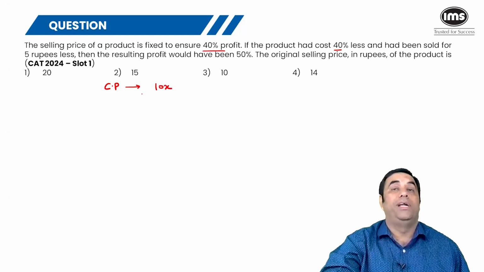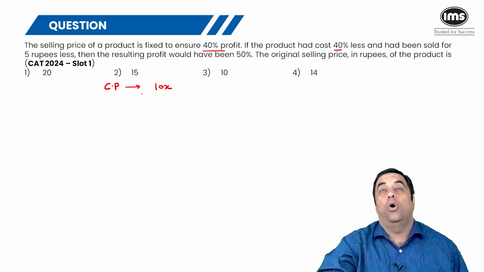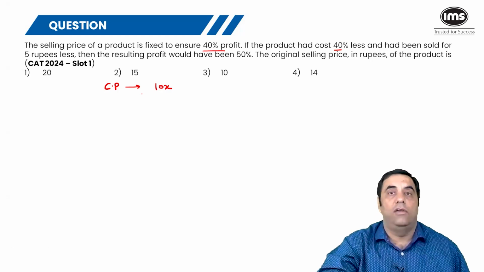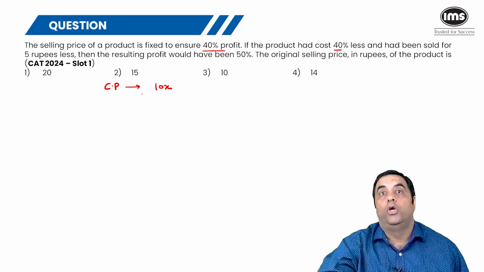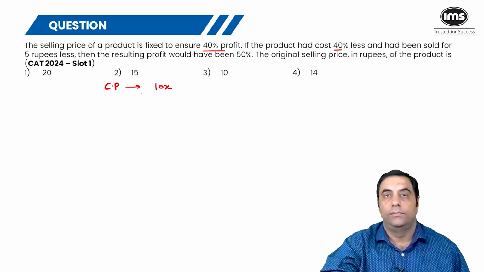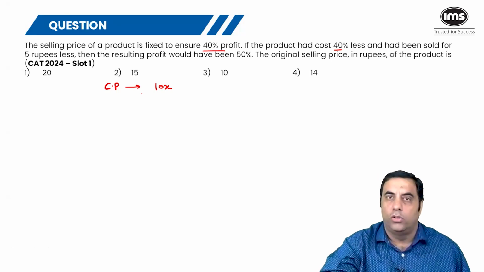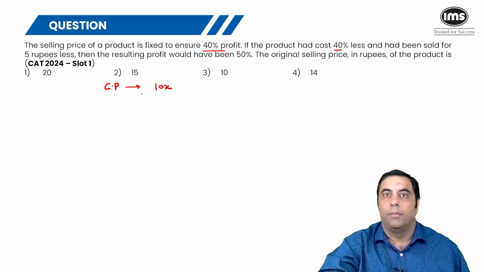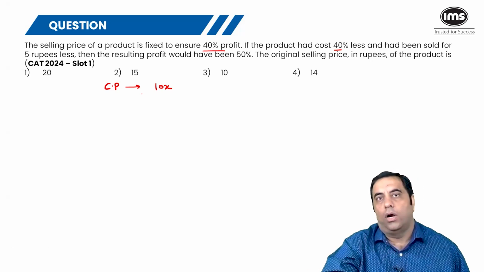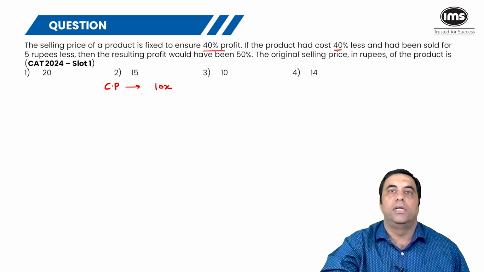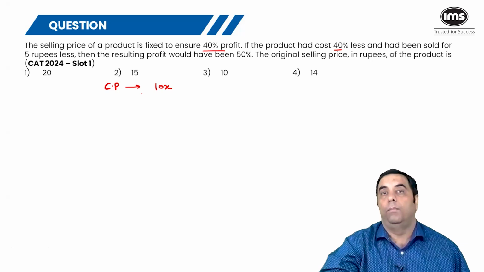Why have I assumed 10x instead of x? Because always try to keep yourself away from fractions or decimals, because that way your brain will work at a faster pace. You can assume that value to be 100x also. It is advisable to use either 10x or 100x because the calculation looks simpler.